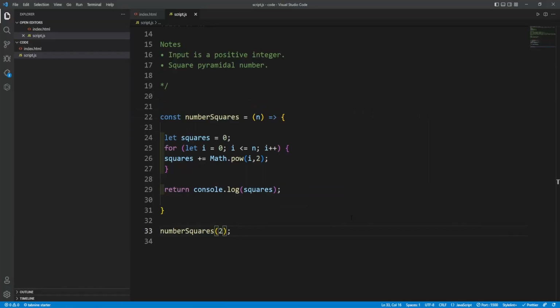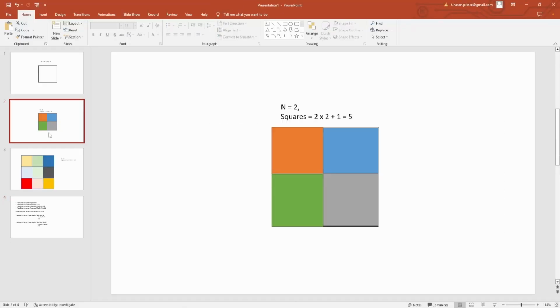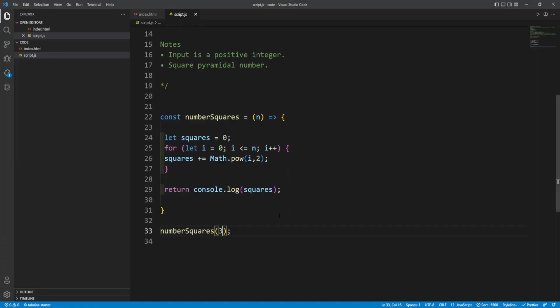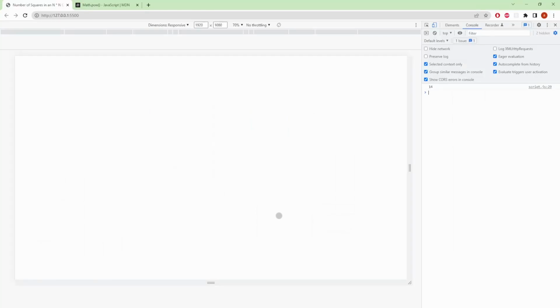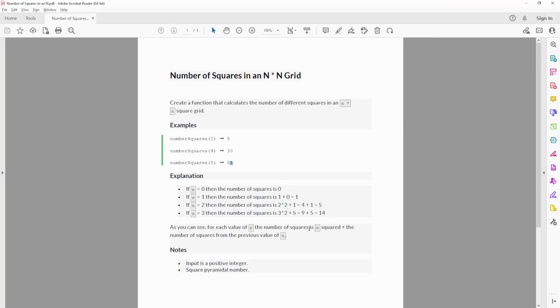If I give 2, it should give me 5. Okay, our 2 was 5, right? If I give it 3, it should give me 14.